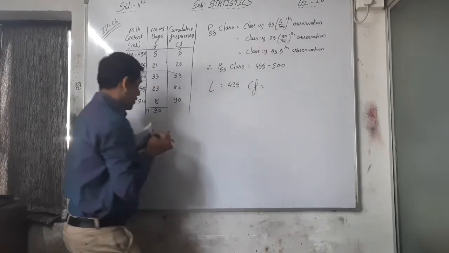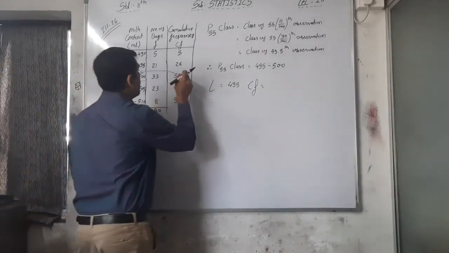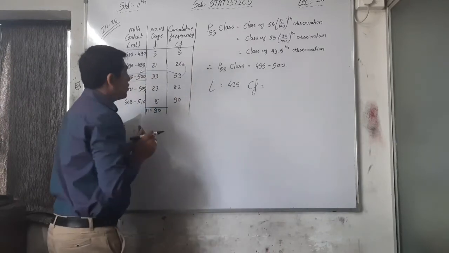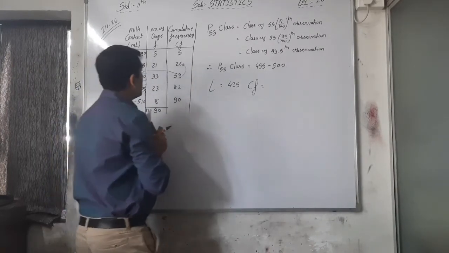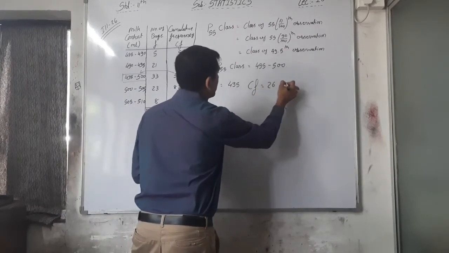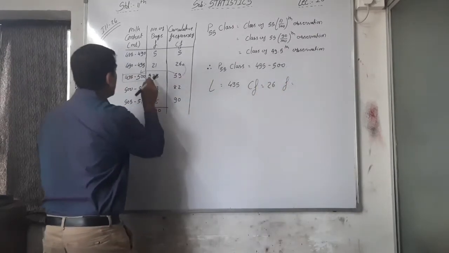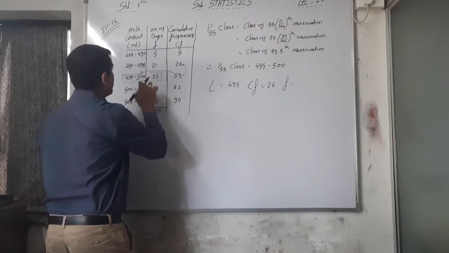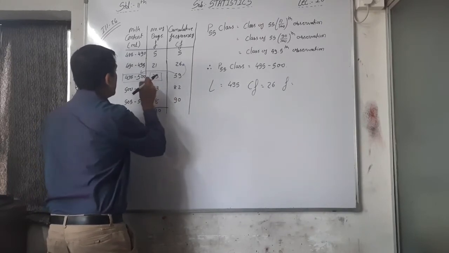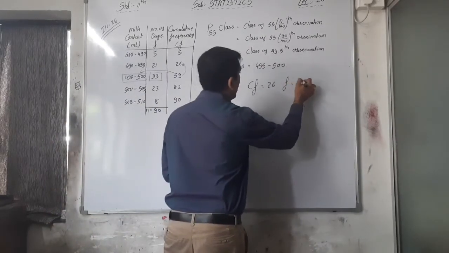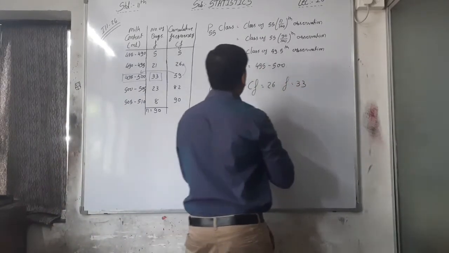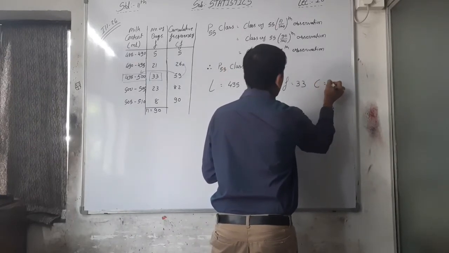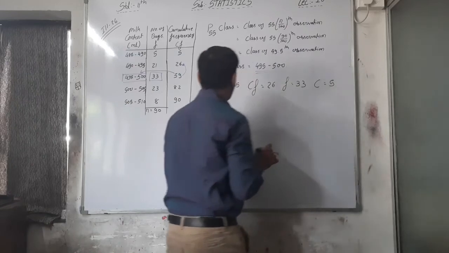CF is the previous class cumulative frequency, which is equal to 26. Then the frequency of the P55 class is 33, and the class length C is equal to 5.